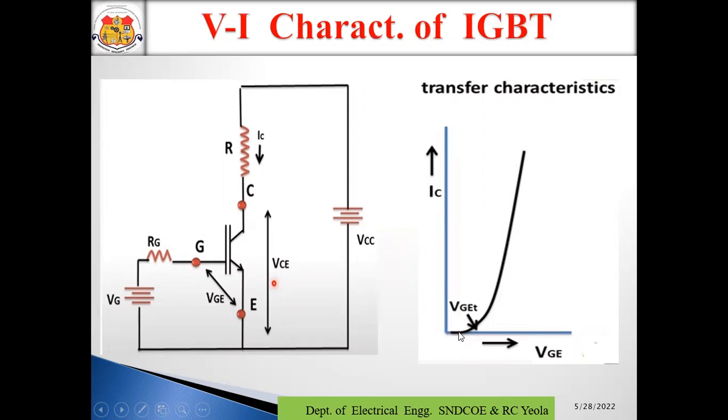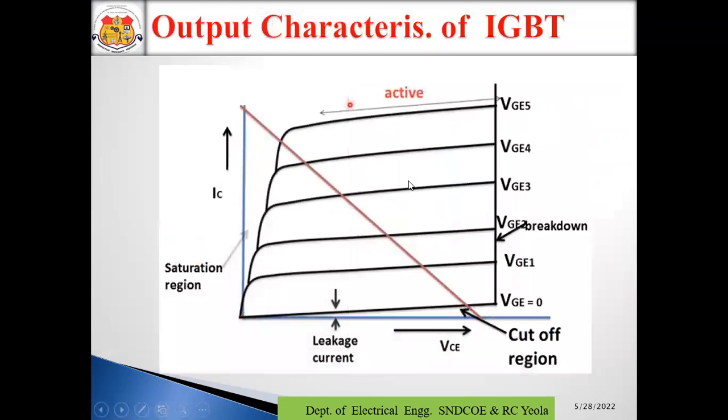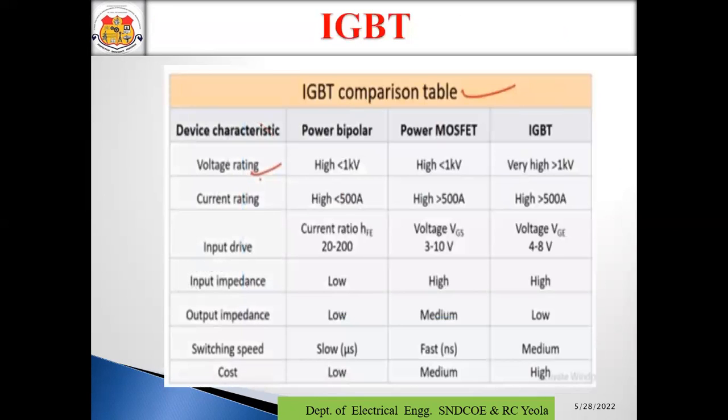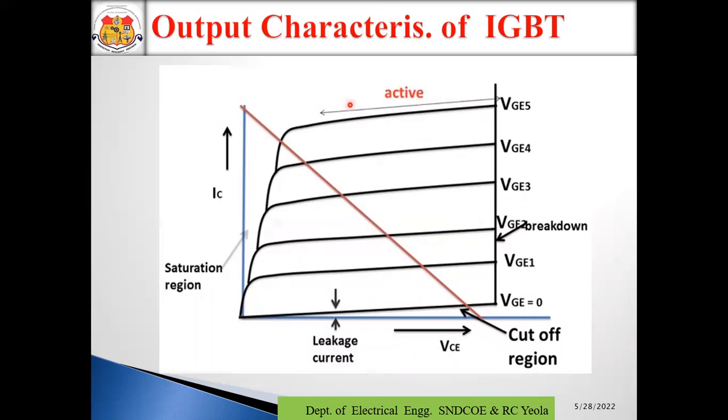You can see here that at that point the current increases slowly, and after this point breakdown occurs and the current rises suddenly. Okay. Now this is the output characteristic of the IGBT. The output characteristic is drawn between the collector current and the VCE. So this is all about the input characteristic and output characteristic of the IGBT.